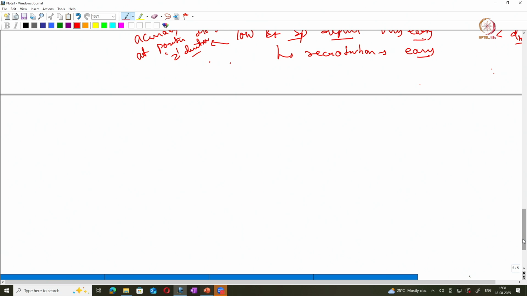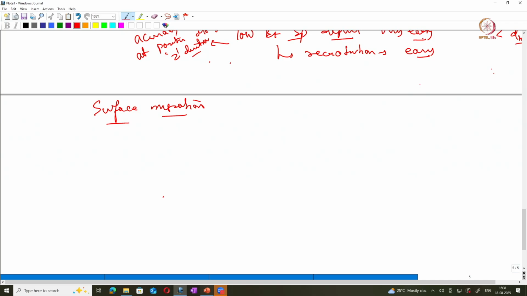Okay, there is another issue which is called surface migration. We will discuss surface migration. This is another type of artifact we usually get in the tomographic reconstruction.